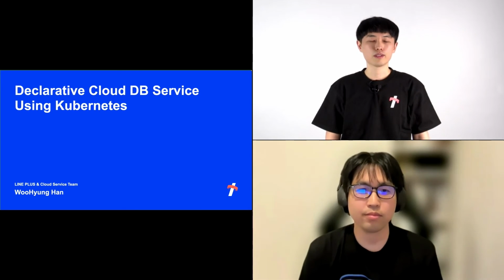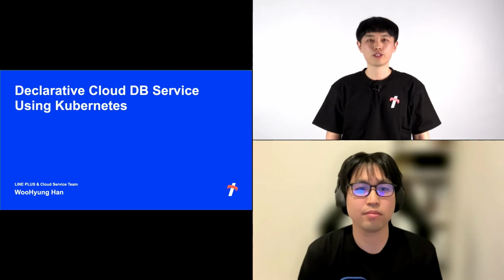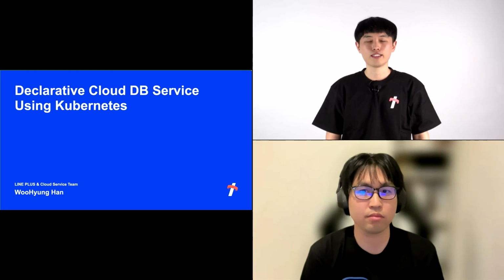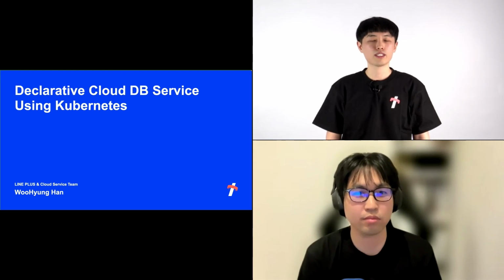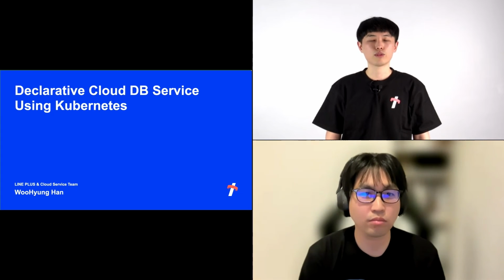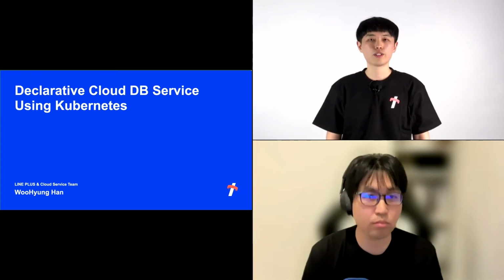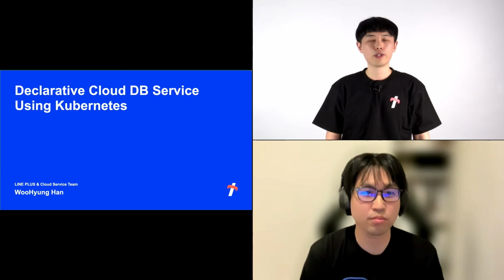Well, as you have mentioned, according to certain DBs, the parameter is not changed dynamically. So sometimes it does require manual work. But in the declarative DBaaS, we have a rolling restart function. So if we trigger that function, each DB can be restarted.